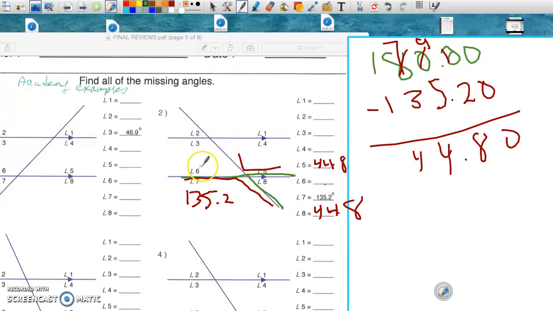Angle 8 will correspond with angle 6. So this is going to be angle 5, wait, angle 7 and angle 5. Whoops. See the mistake I made, right?